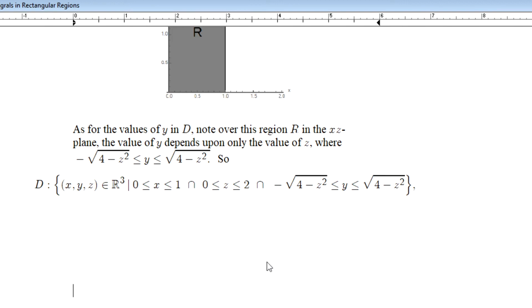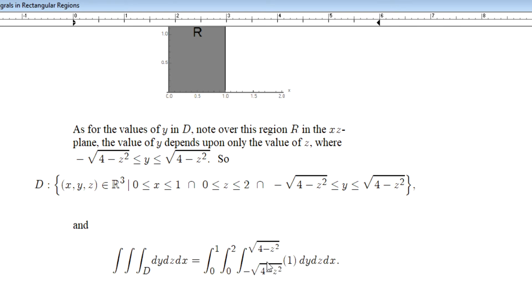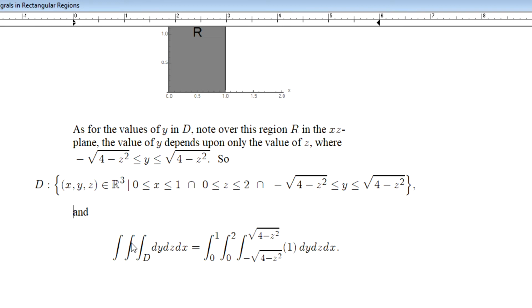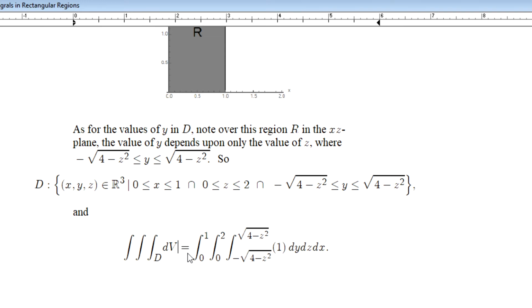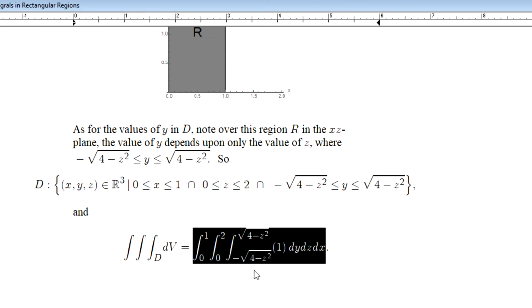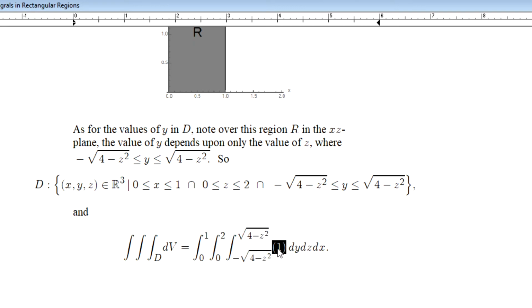Right? And I do think I approach that here. I say, so D is given by this, and our triple integral, right? We might say over, let me be more general here, dV would be equal to this calculation here. All right? Where I went ahead and dropped in an argument of 1 into that.